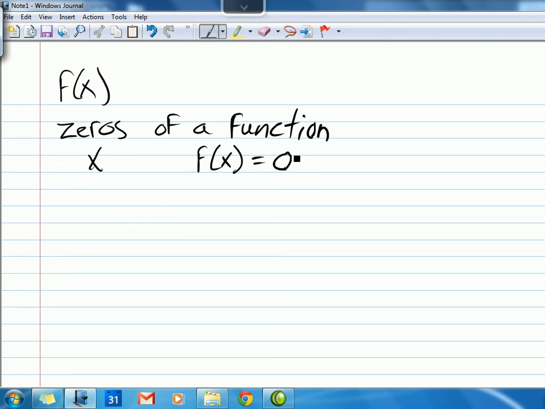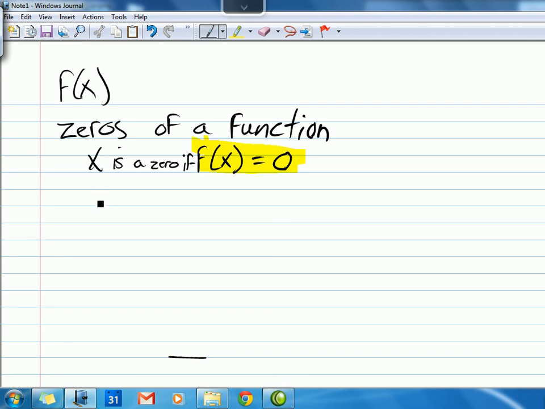So which values of x does this right here happen? So let me put some dialogue in there. You say x is a 0 if f of x equals 0. It could get confusing, but it's really not.